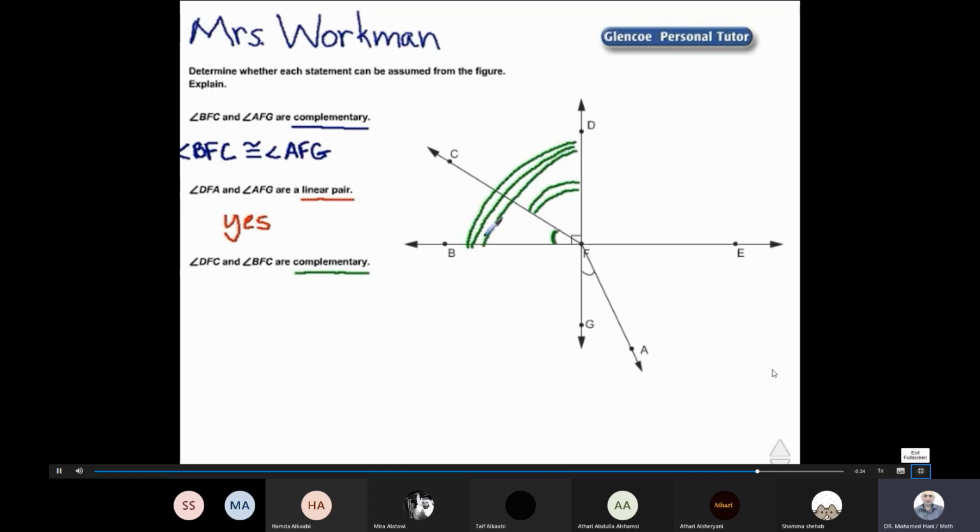And when I look at the diagram closely, notice that there's the right angle symbol for angle DFB, the larger angle that the two given angles form. So, can I say that angle DFC and angle BFC are complementary? Yes. According to the figure, they are two angles whose measures add up to 90 degrees.